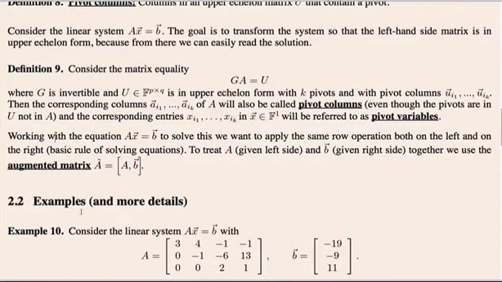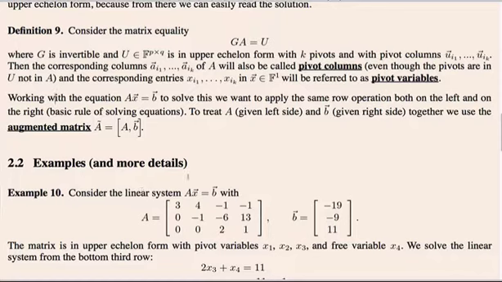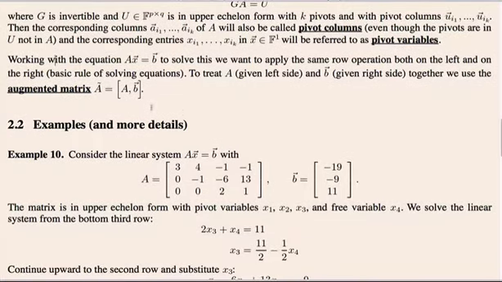So section 2 is about examples and some more details about solving linear systems. First of all, let's consider the linear system Ax = b, with A given in this form and b given as a vector. Notice that the A matrix is already in upper echelon form.